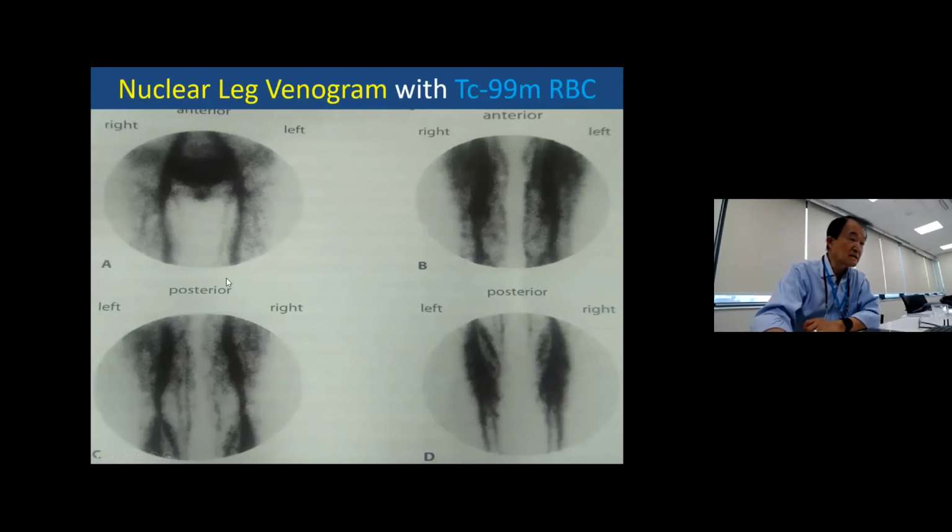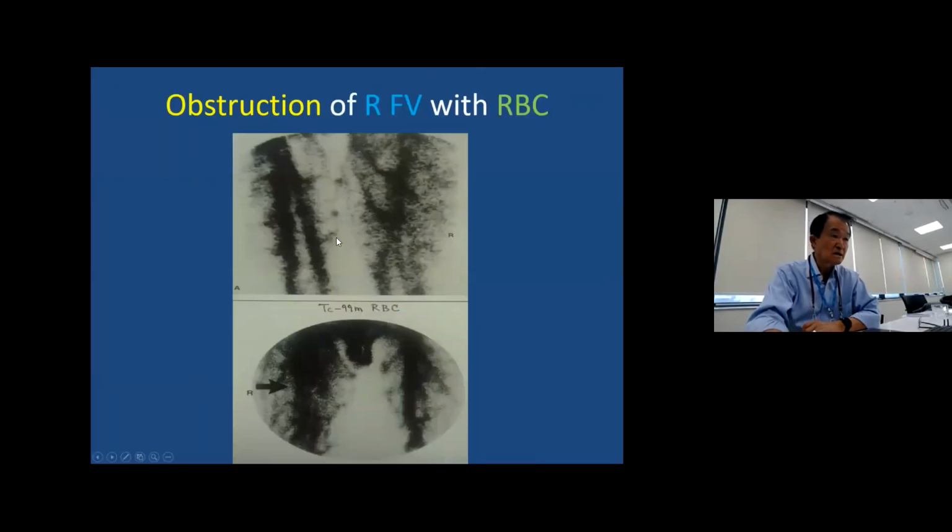And then this is a red cell study. It's not easy with so much background activity. It's iliac, so any asymmetry you have to watch. Okay, and then here popliteal, and this is some tibial and peroneal. Here you can see asymmetry, all collaterals on the left side, the red cell.